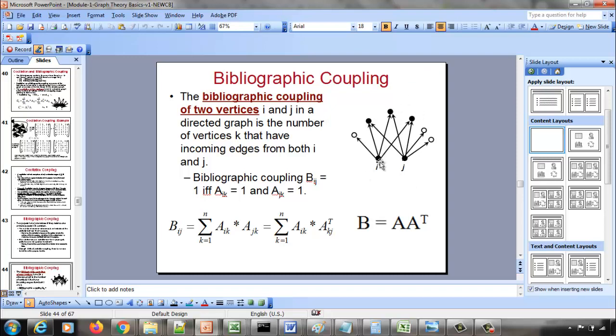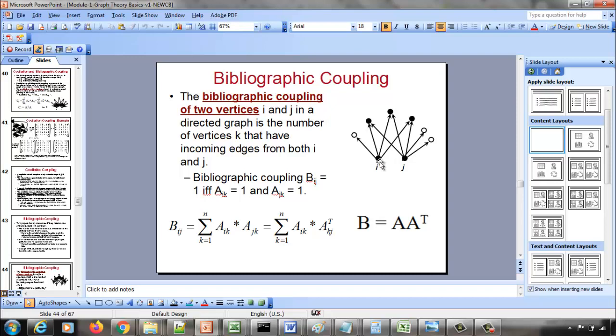Two papers I and J are considered to be more similar to each other if they have more common references. Okay, and this is something we could measure at the time of publication itself. I publish a paper right now, and there was another paper published 10 years back. I could evaluate the similarity of these two papers by just finding the number of common references between them.